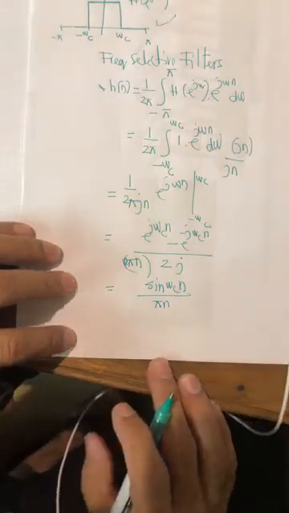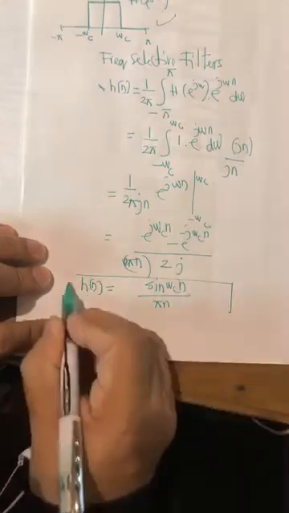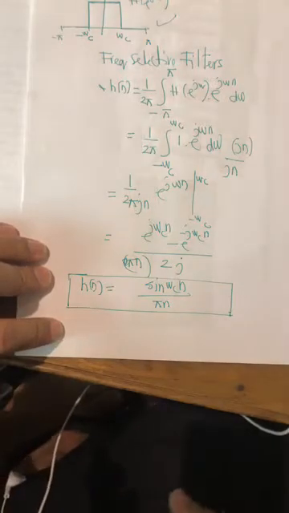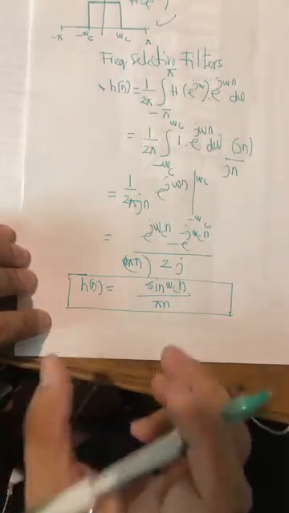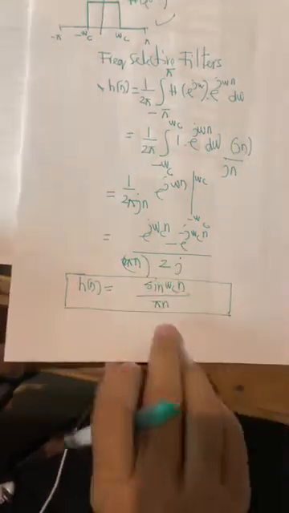This is a very, very important expression. This is where signal processing kind of starts. Let me give you its significance, why it is such an important expression, sine omega c n over pi n.